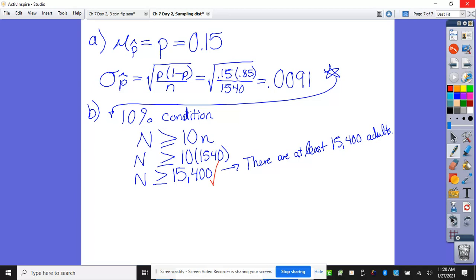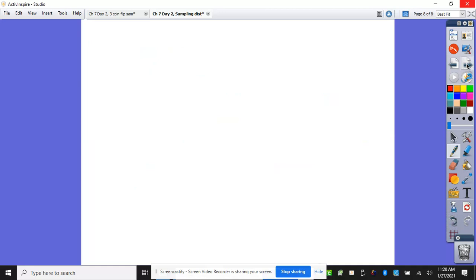Alright, check that you can use normal approximation. And so I always get in the habit of writing normal with a question mark because I'm checking to see if it is normal, which we'll end up putting all together, but it's just out of habit. And then I come back and usually check it or exit.